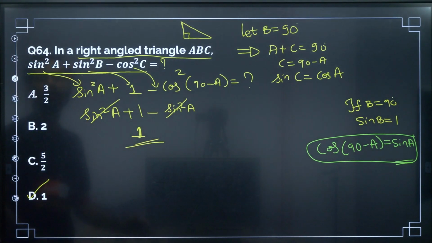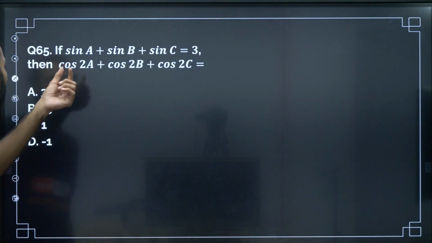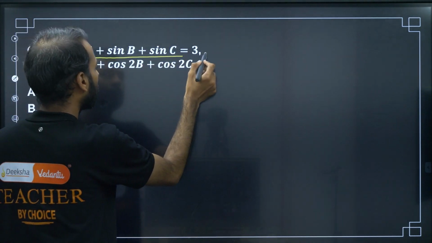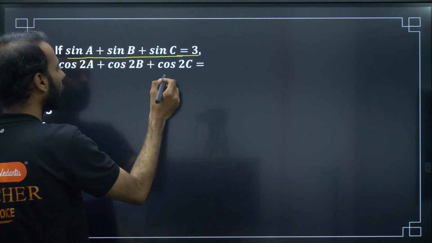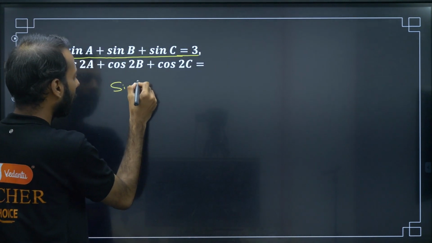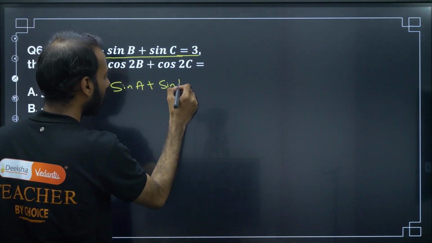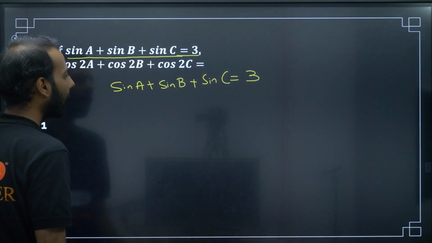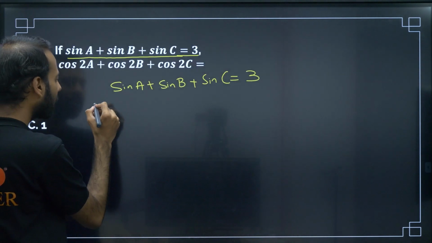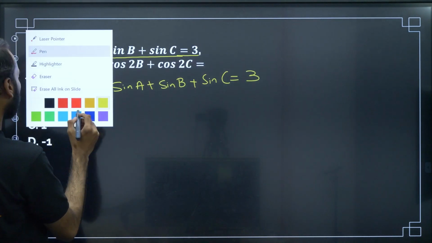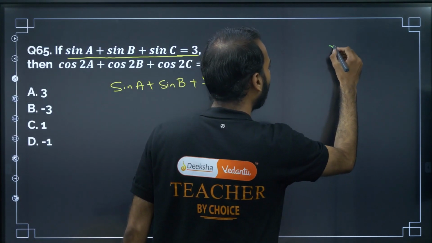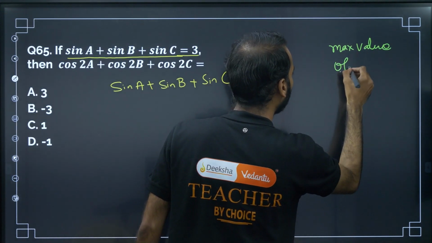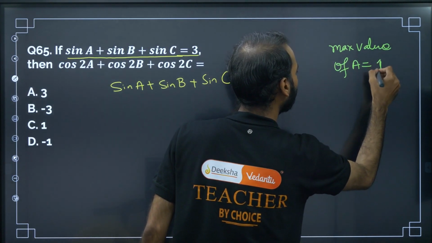Next, it was a very easy question. If sin A plus sin B plus sin C is equal to 3, then they have given some value. Now, in the synopsis you should know 1 point: the maximum value of sin A is 1.